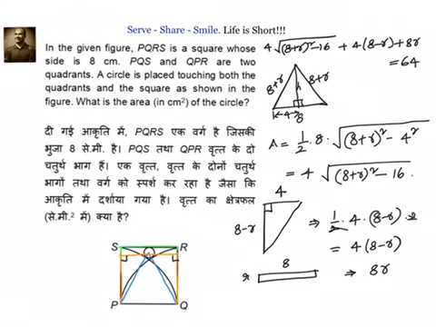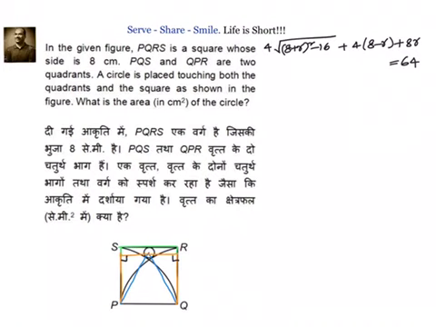Now we have to solve for the value of r. In the next step, we'll divide by 4. We will write the square root of (8 plus r) whole square minus 16, plus (8 minus r), plus 2r is equal to 16.